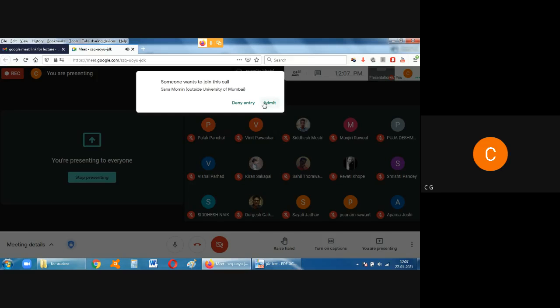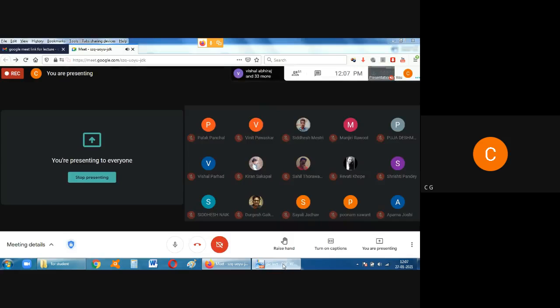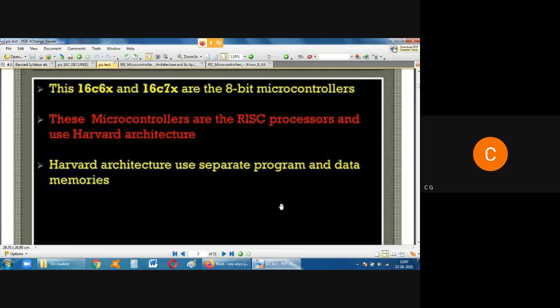Even I have not fully understood, because in terms of the timing scale, I know that if I want to process 8-bit data, I require 8 clock pulses.